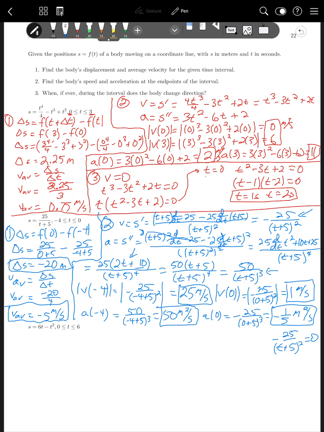And this will never equal 0, because no matter what, there's no way to divide 25 by a number and get 0. So this is undefined. So that means in this case, for part 3, there is nowhere that this is equal to 0. So this one does not change directions.